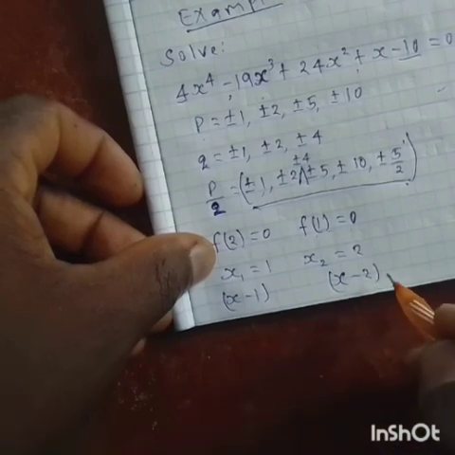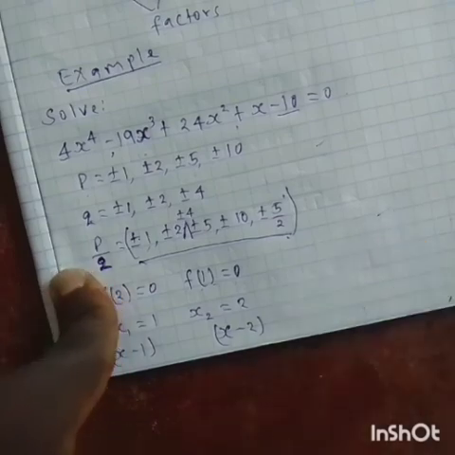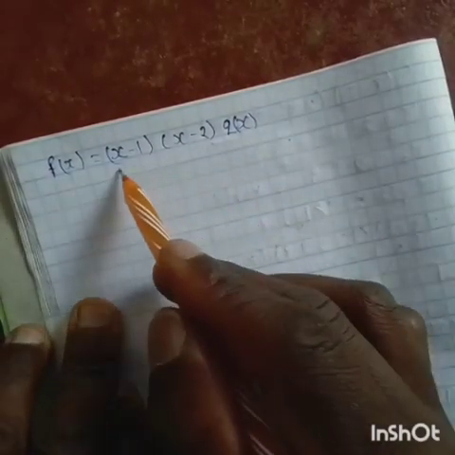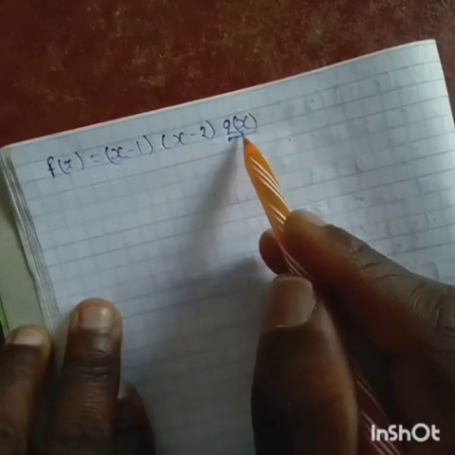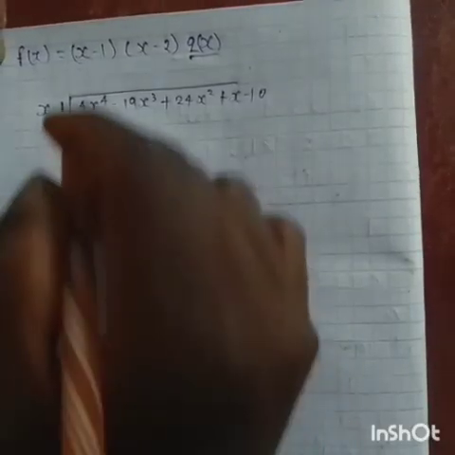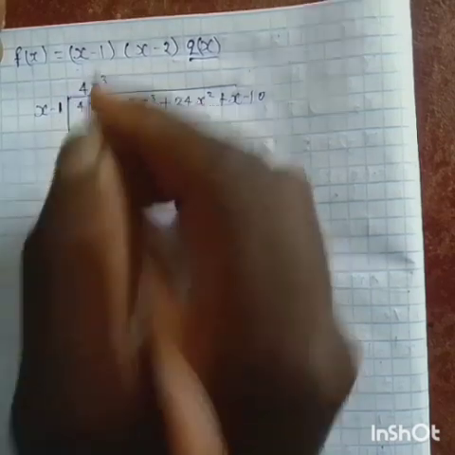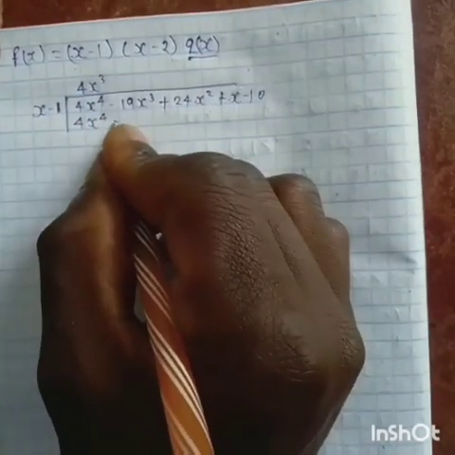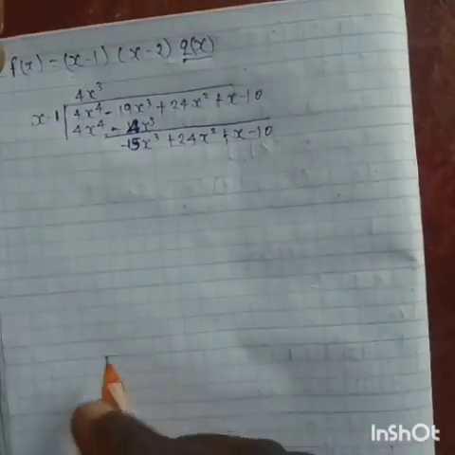So by long division, we are going to find the remaining factors. Our polynomial shall be presented as x minus 1 times x minus 2 times q(x). So by long division, we are to find the function q(x). We take 4x cubed, and we have that one.